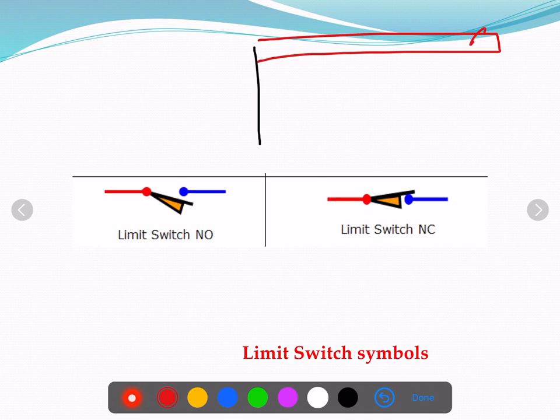It's usually highlighted in red. The barrier gate will be opening, going up. We can't fix the number of rotations, I will tell you why. It will be rotating until it hits a limit switch.